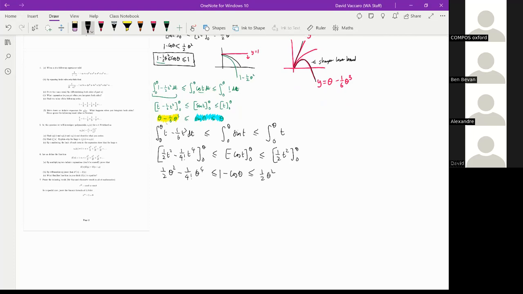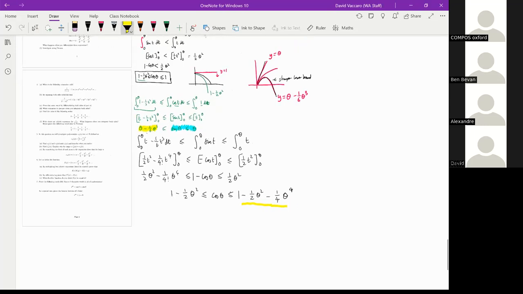And if I rearrange the inequalities, I get the same lower bound for cos theta, which was my quadratic function. But I get a better upper bound for cos theta. So previously my upper bound was just 1. But I now get that the upper bound is this quartic term.